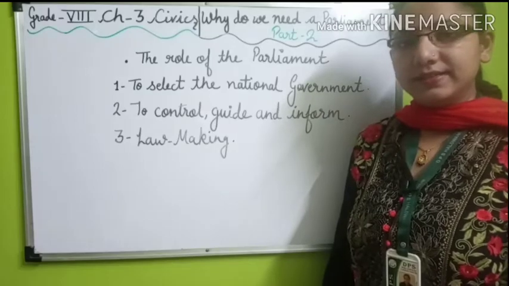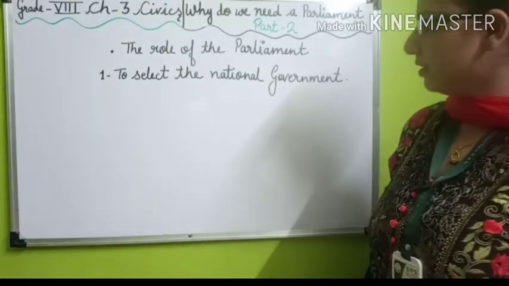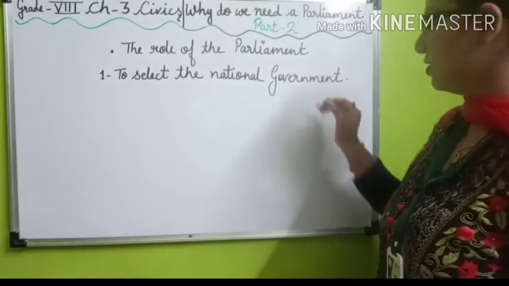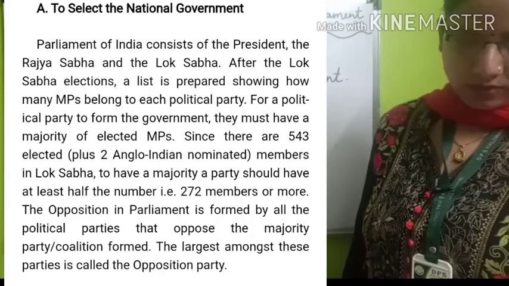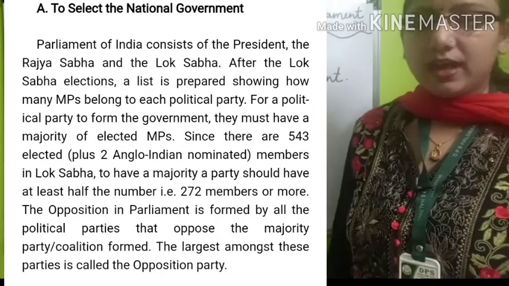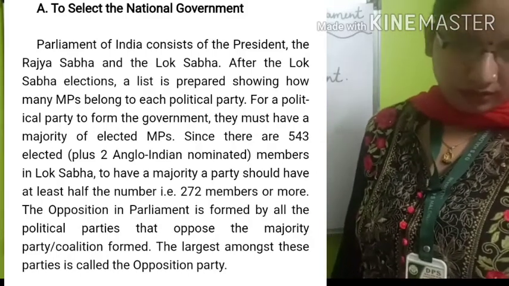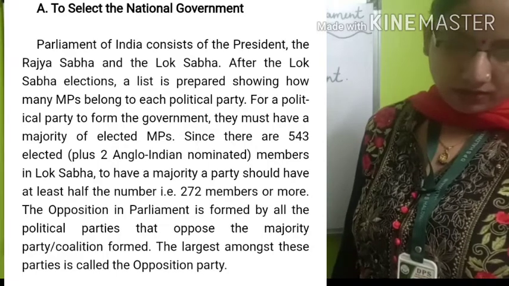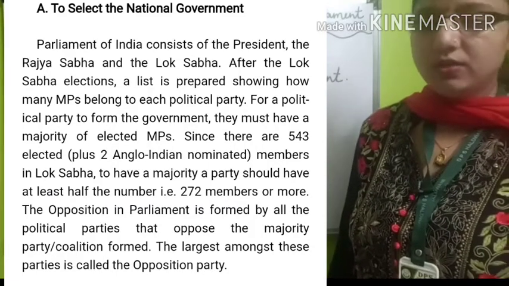Students, to know more about the first role, to select the national government, you can open page number 36 from your book, the first para of To Select the National Government. This is the most important thing from your book which you have to read: Parliament of India consists of the President, the Rajya Sabha and Lok Sabha.